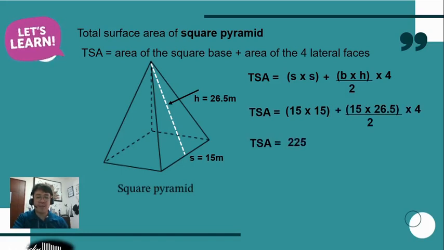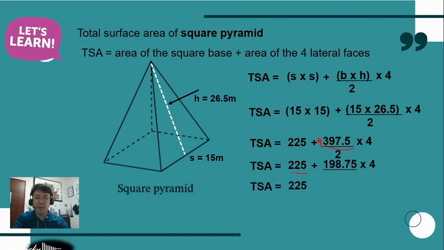So 15 times 15 is equal to 225 plus 15 times 26.5, which is 397.5, divided by 2 is equal to 198.75 times 4, which is 795.